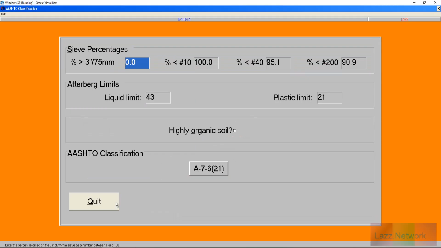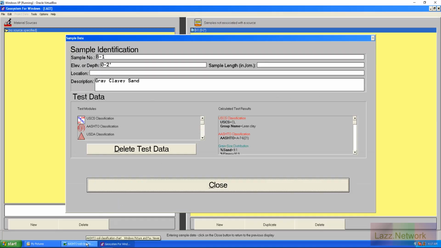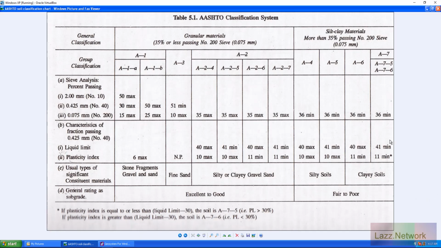So if we go back to here, how is it an A76? Well, your plastic index needs to be greater than your liquid limit. Plastic index greater than your liquid limit. Hold on, I'm having a brain fart right now.